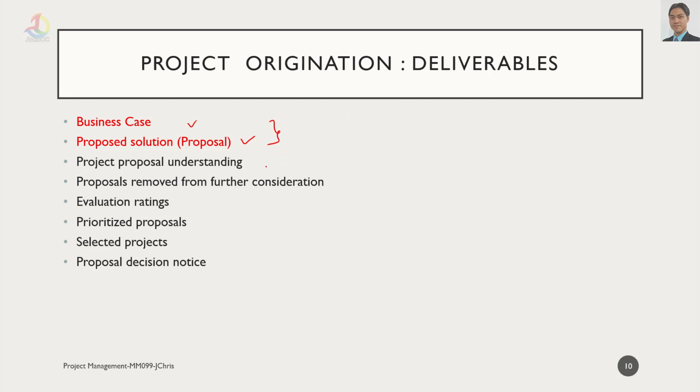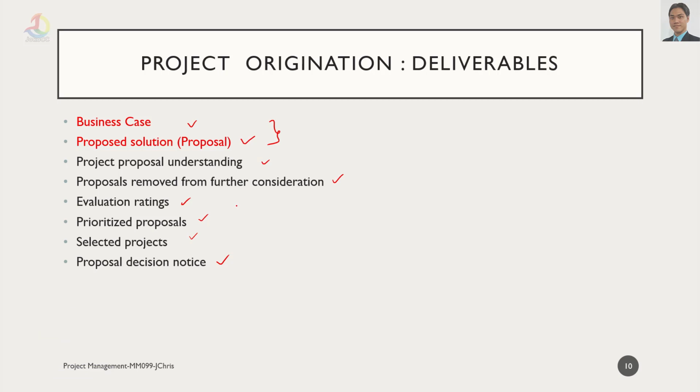And there's a project proposal understanding. Sometimes it's optional. And proposals removed from further consideration, these are the rejected proposals. Evaluation rating by the board or committee legalizes whether the project is to be started or not. And then priority proposals, select proposals, and the notice.